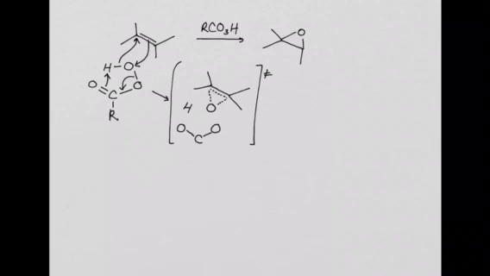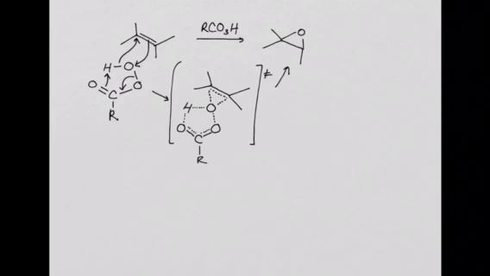The peroxy acid bond is breaking. The carbonyl pi bond is forming. This carbonyl pi bond is breaking. That oxygen-hydrogen bond is forming, and that hydrogen-oxygen bond is breaking. This forms the epoxide product shown above.